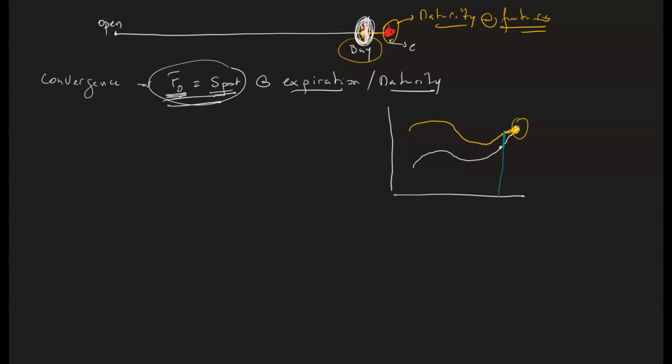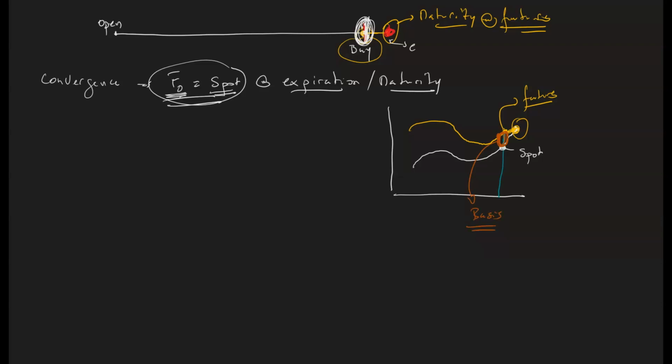Now, remember, the white line here is our spot, so this is going to be our spot, and the yellow line there is going to be for a futures price, so that's going to be our futures. And so we're going to have a difference between the spot and the futures, and that is that difference here. That difference is what we know as basis.